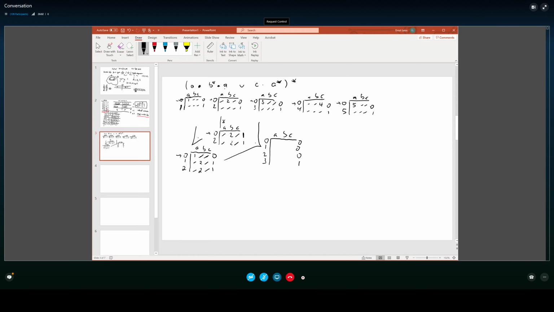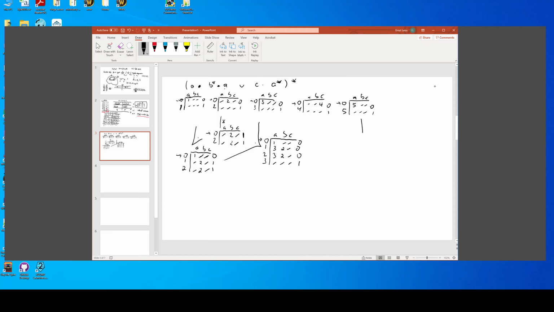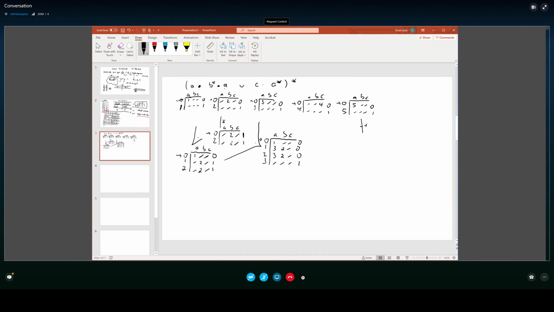And now I can do the star. That's the only thing I can do for that A. So this is 0, 5, of course, and A, B, C. Final states are 0.